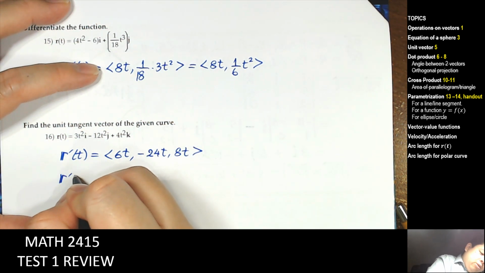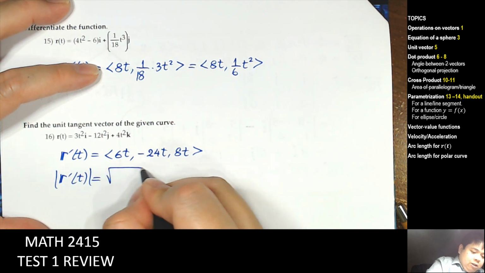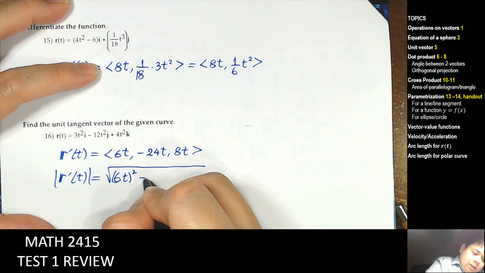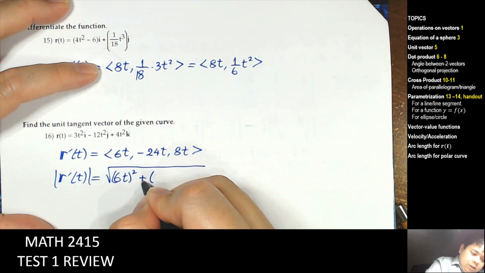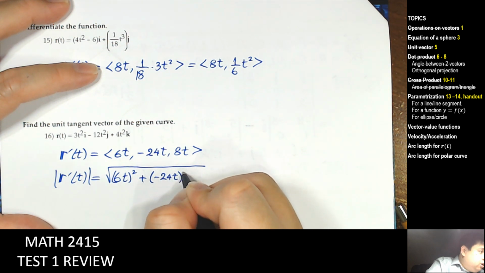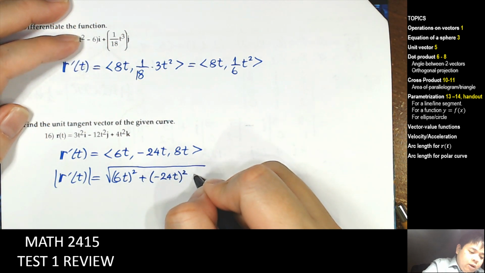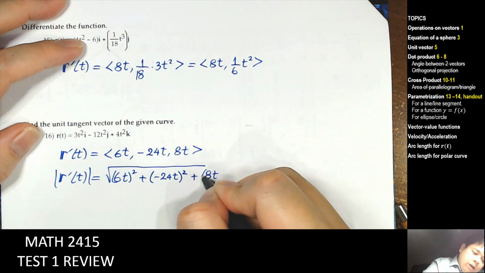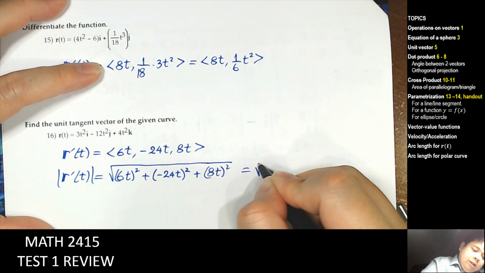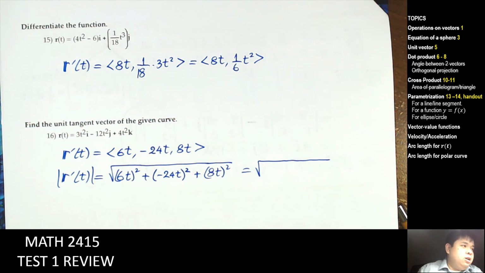Now the magnitude: t squared, negative 24t squared, and 8t squared. All of them have t squared. So 6 squared, 24 squared, and 8 squared.